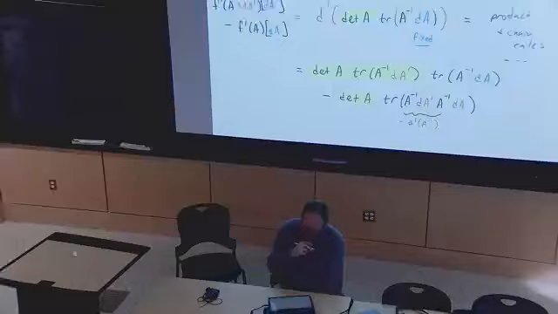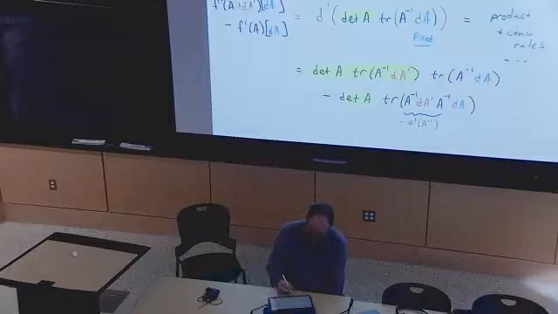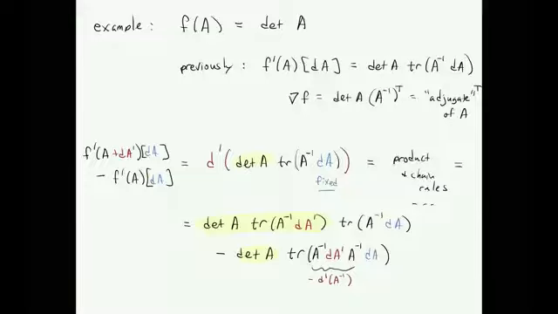And now the question is, this is it. It's not going to get much simpler than this. This is our bilinear form. This is bilinear in dA primed and dA.